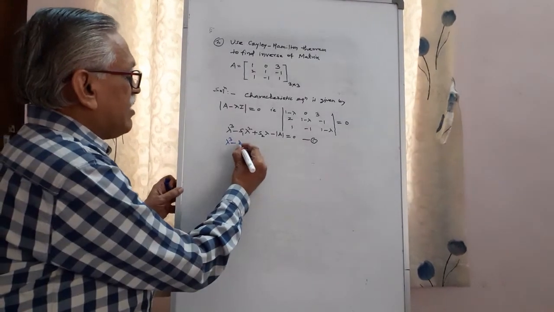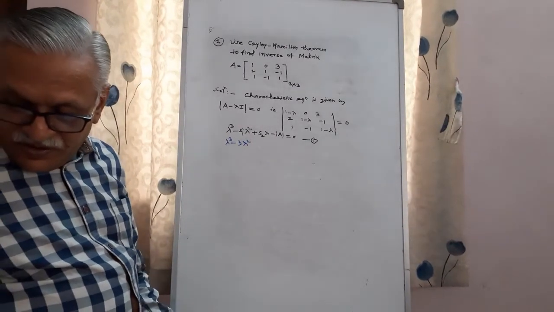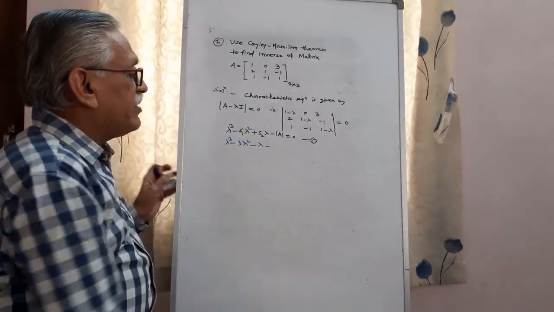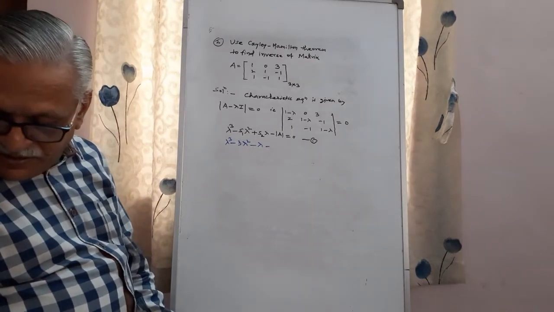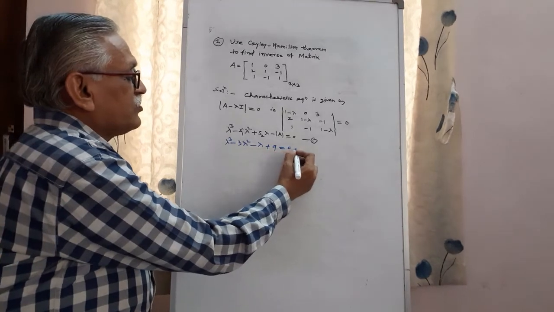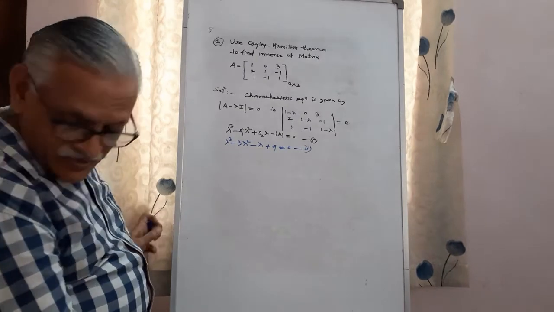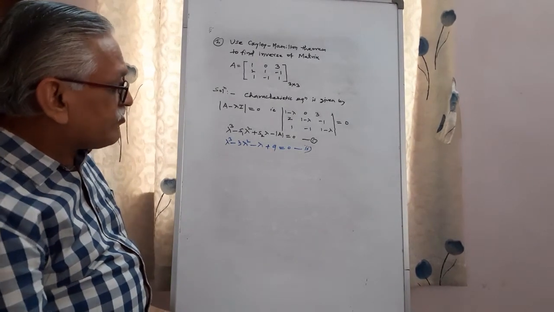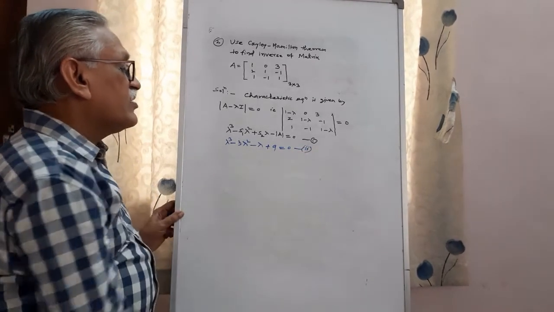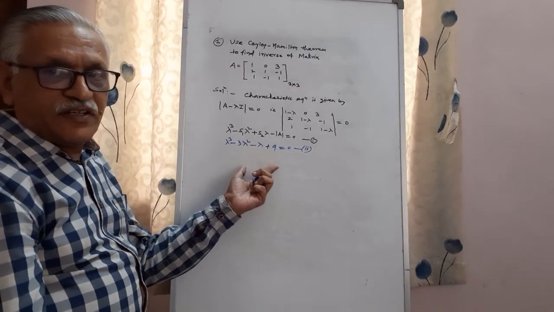Therefore, minus 3 lambda square. Then S2 lambda, the value of S2 is minus 1. Therefore, minus lambda. And determinant of A is minus 9, and this minus becomes plus 9 equals 0. Equation 2. This is the characteristic equation of the given matrix.